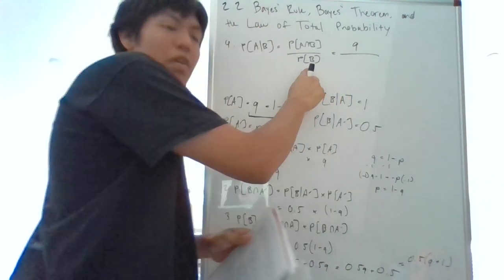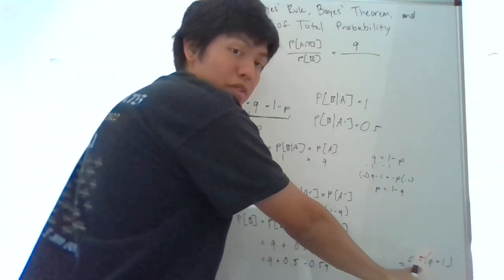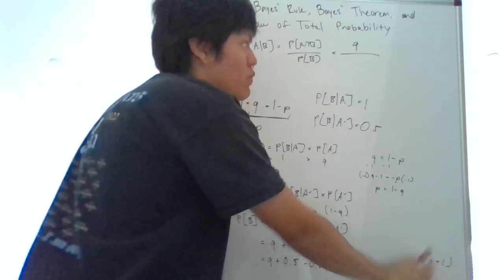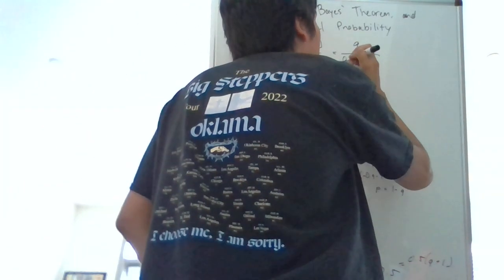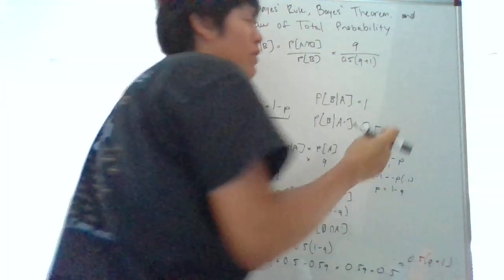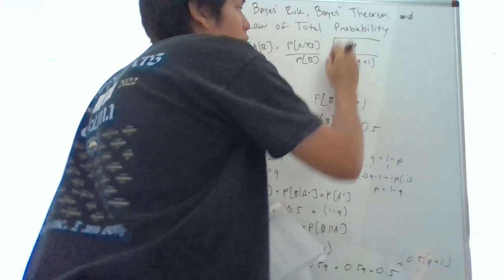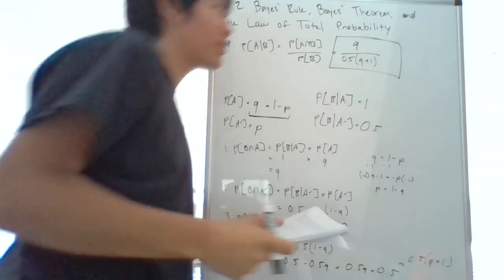And the total probability of B, we solved all the way down here, which is 0.5 times Q plus 1. We want the answer in terms of Q, which we did. So that is the answer.